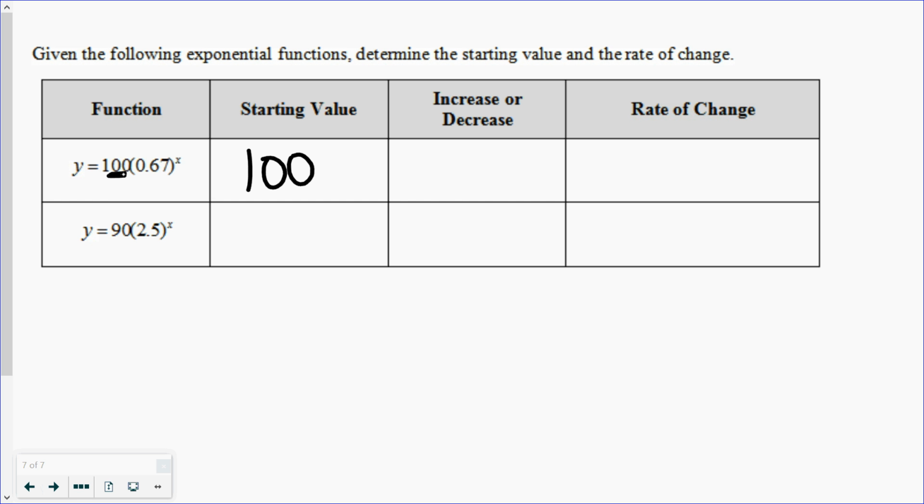It's the a value. For the second one, it's 90. Increasing or decreasing is based on the b value. If the b value is greater than 1, it's increasing. So 2.5 is greater than 1. If your b value is between 0 and 1, it's decreasing.